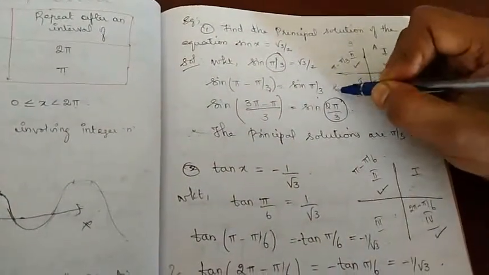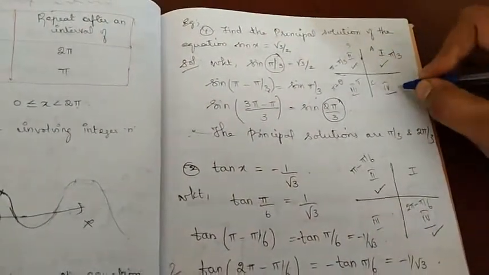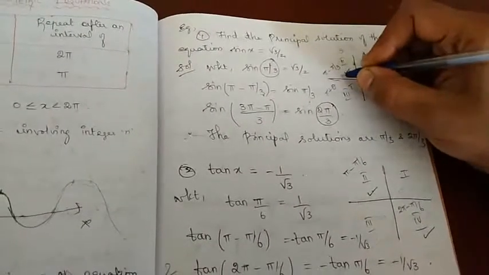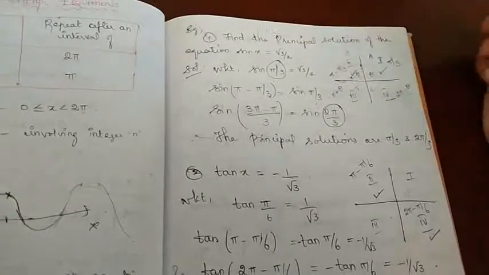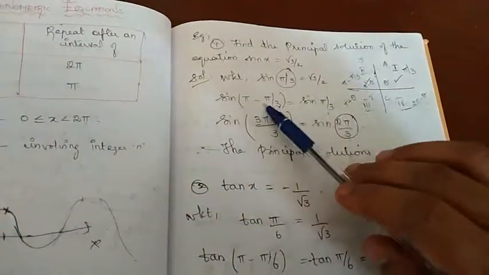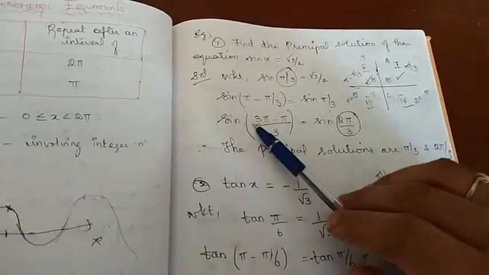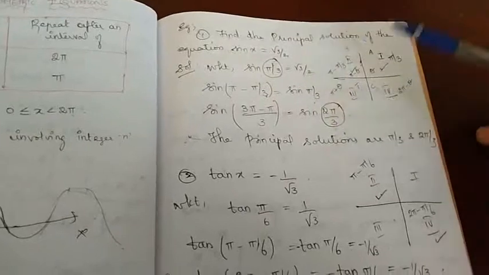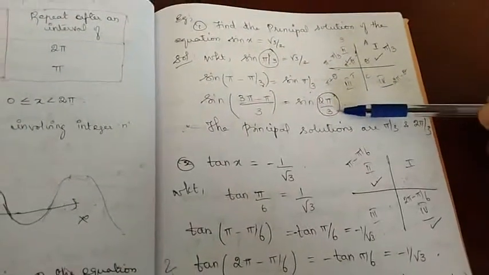Here it is pi plus theta. Here it is 2 pi minus theta. Here it is just theta, and this is pi minus theta, right? So here sin x is root 3 by 2, so this is going to be pi minus pi by 3, which is nothing but, if you take LCM, 2 pi by 3. Therefore the principal solutions are pi by 3 and 2 pi by 3.